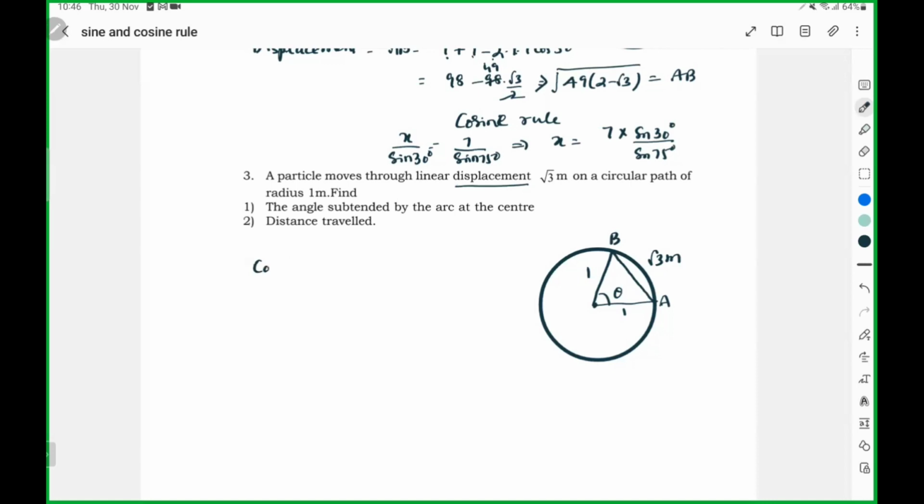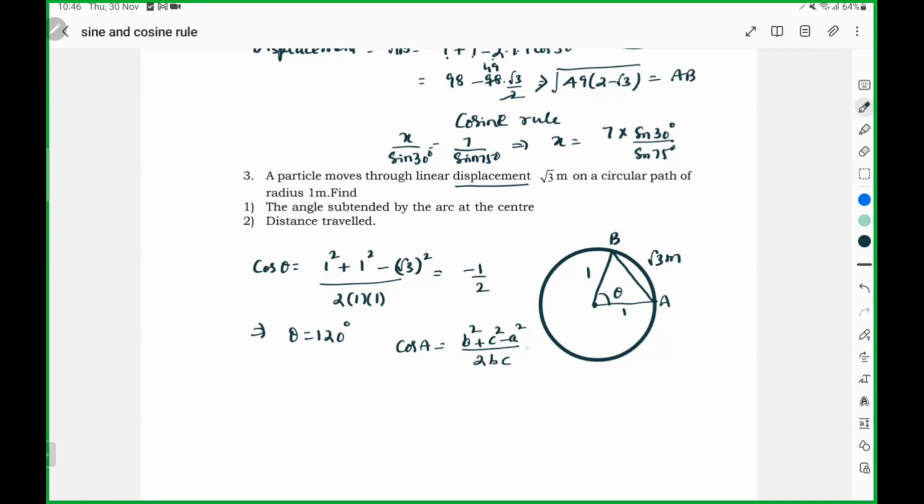By using cosine rule, cos theta is 1 square plus 1 square minus root 3 whole square by 2 times 1 times 1, which is minus half. Theta is 120 degrees. The formula is cos A is B square plus C square minus A square by 2BC. Already I derived the cosine rule, same rule I am using.